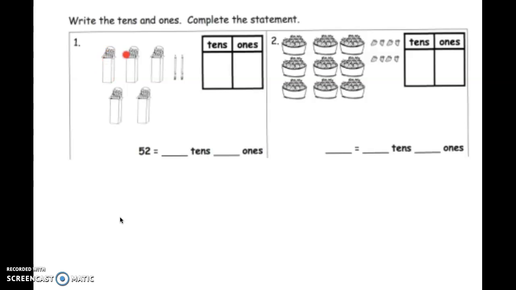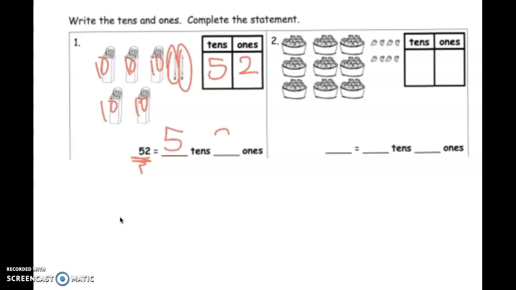So we have a group of 10, a group of 10, another group of 10, another group of 10, and another group of 10. So the idea would be we have 5 groups of 10 and we have 2 groups of 1, because there's a 1 and there's a 1. And that gives us the number 52.